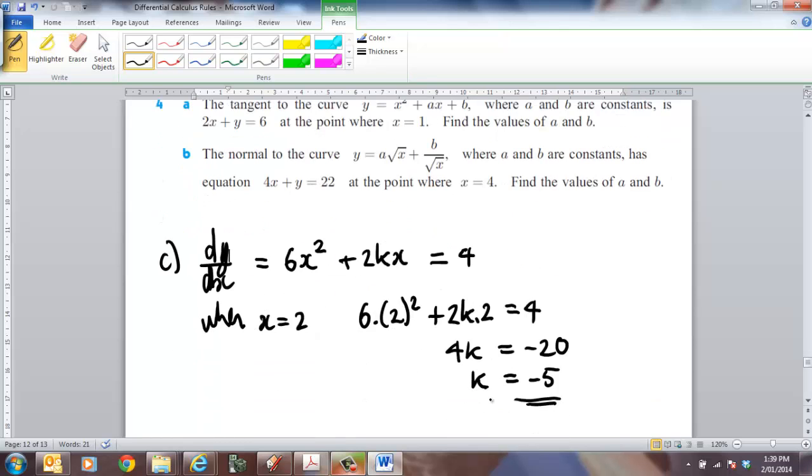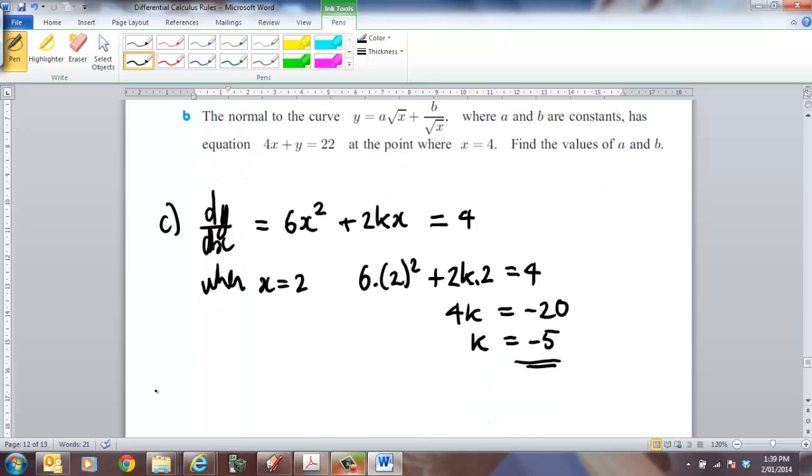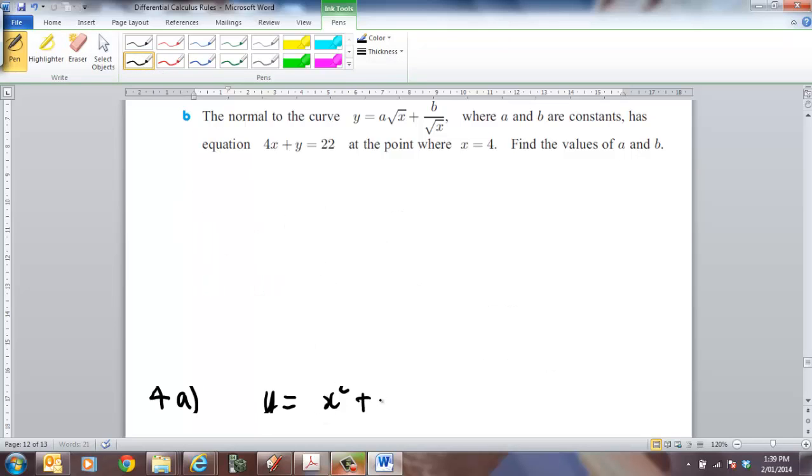Now, I'd like to do maybe 4a for you. Again, the same concept applies: we've got two unknowns, and generally when you have two unknowns, you have to have two equations. So our equation there is y is equal to x squared plus ax plus b.